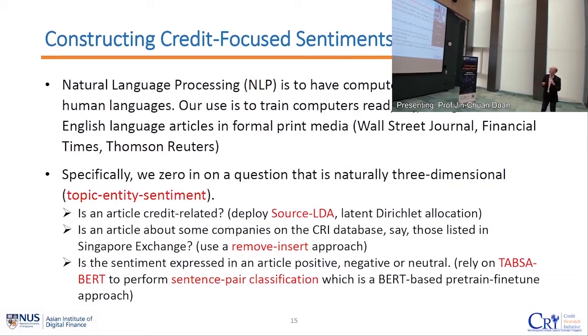So what we want to do is come up with a topic, entity, sentiment. A bit like an aspect earlier, but we want to talk about entity, IBM, credit, of what people think, what the writer thinks. We talk about three media, we don't treat them equal.